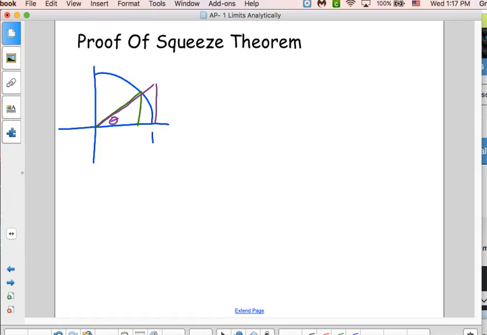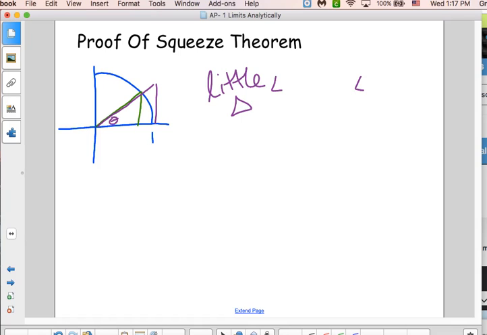Now we're going to go through and just notice some relationships. You notice how we have this little triangle? The little triangle is the littlest thing. And then we have this big triangle.